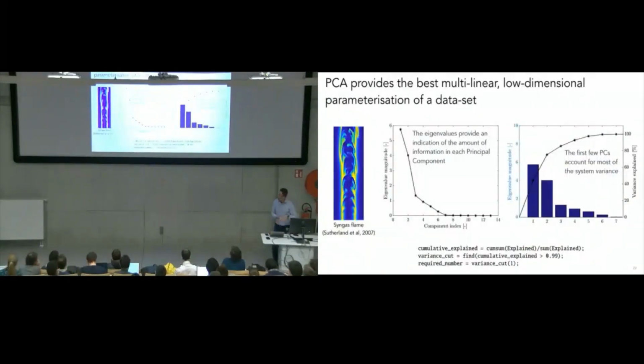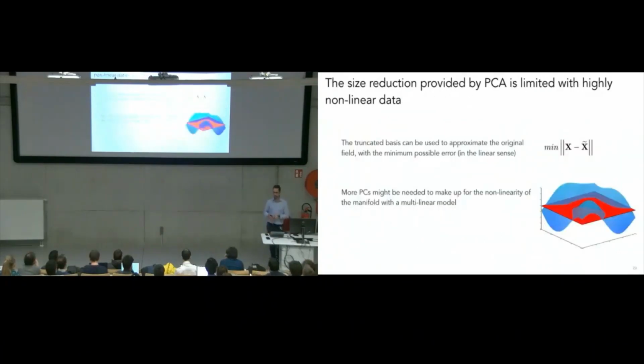Now, when you do PCA, of course, you do this eigenvalue decomposition. You find the principal components that will explain a certain amount of variance that you want in your data, and then you get this best multilinear approximation of your data. It's multilinear because you have different linear contributions. But you know that most of the time, especially in combustion, your data present nonlinear features and nonlinear interactions.